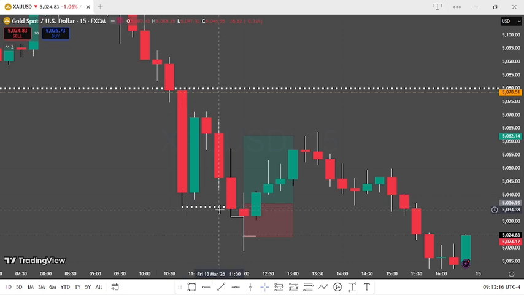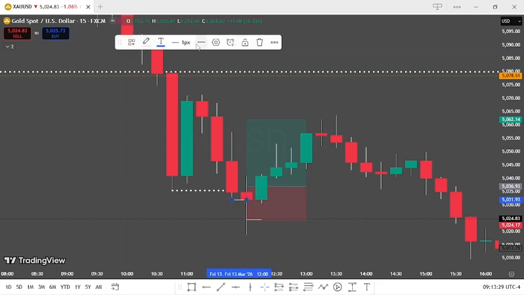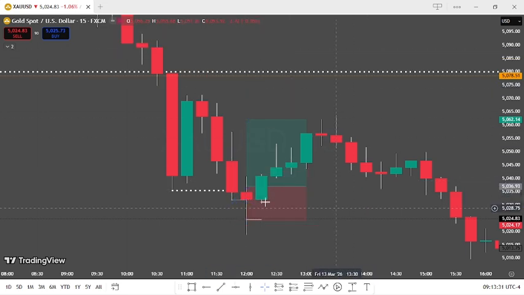Okay, so once it closed outside, I now had another low, right? So I will now use this leg as my new CRT low. So I will put a dotted line there as well.